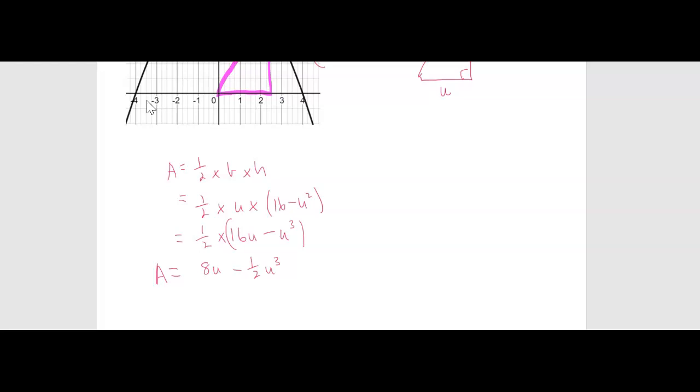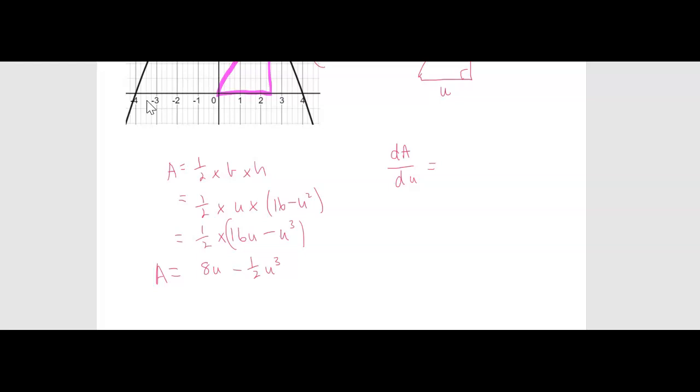Now, if you're trying to find the maximum area, your maximum is found when the derivative, in this case dA/dU, because A is basically where Y is usually, and U is where X is usually.